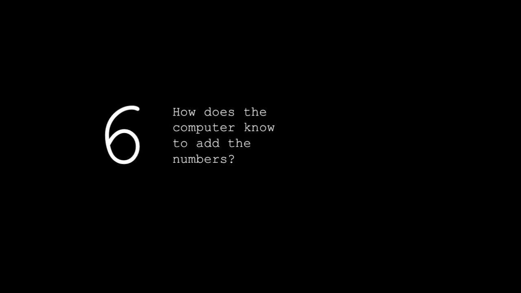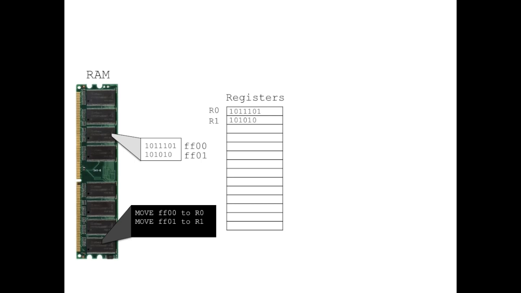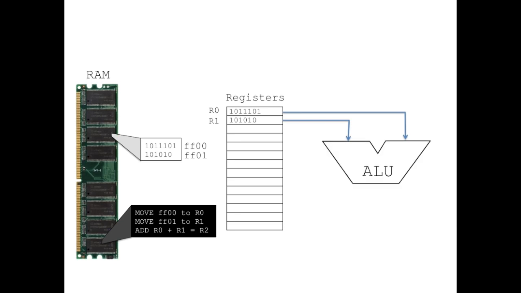Question 6. How would we tell the computer to add the numbers? If you said an add instruction, that's right. Remember, the computer can only do what we tell it to. So the next instruction we execute is adding R0 and R1 in our handy ALU.